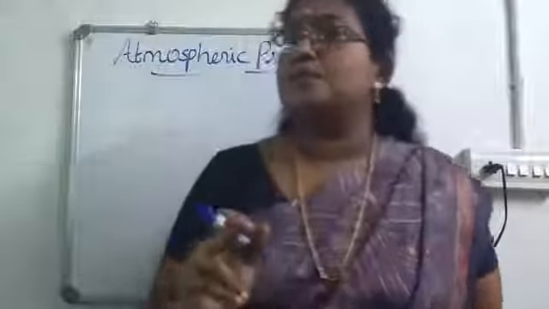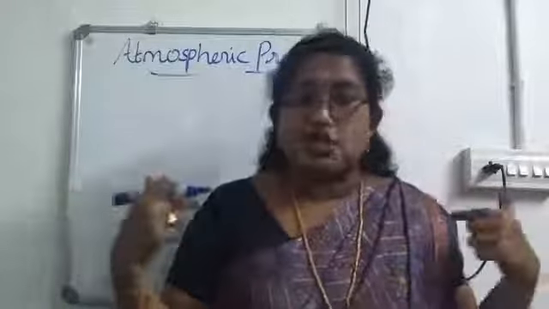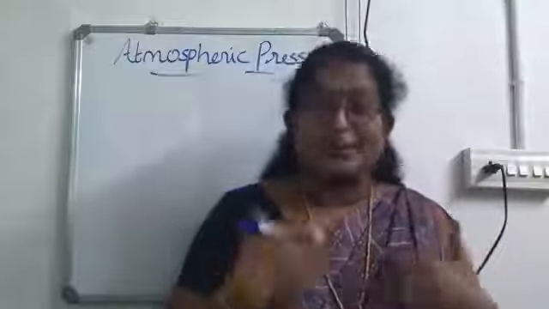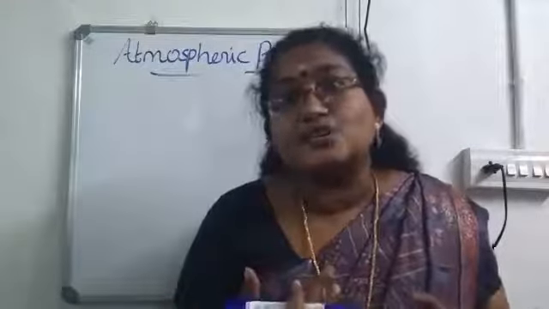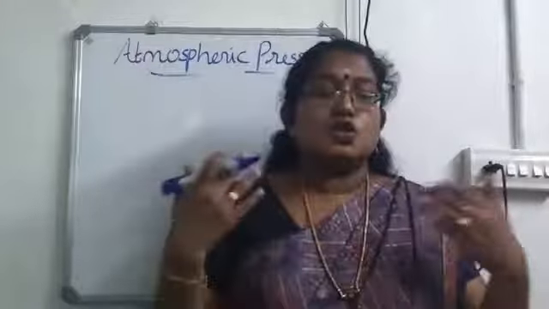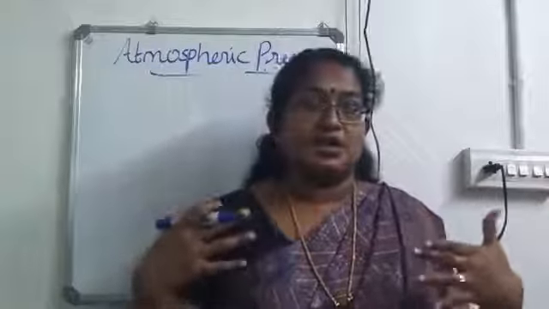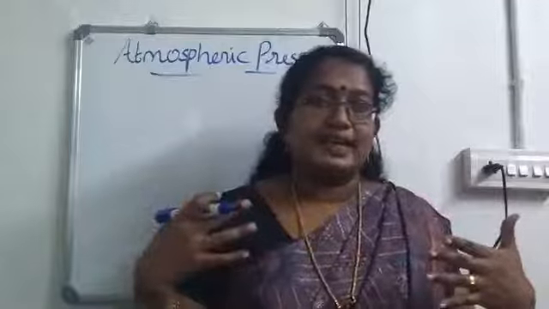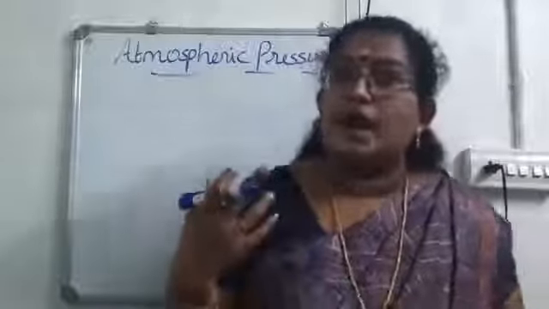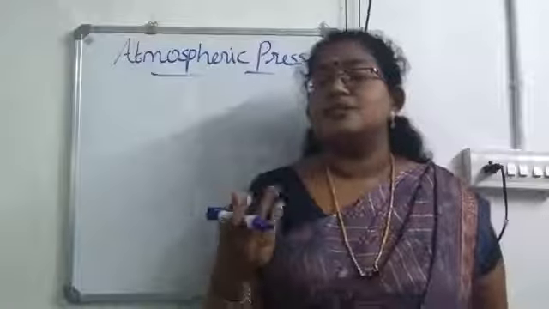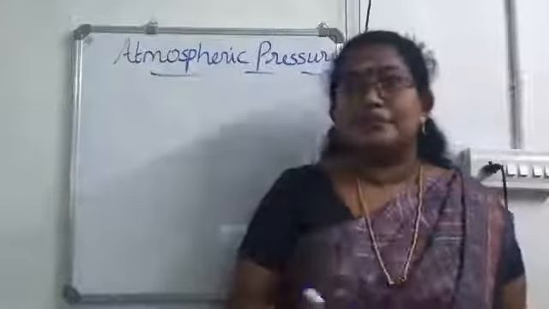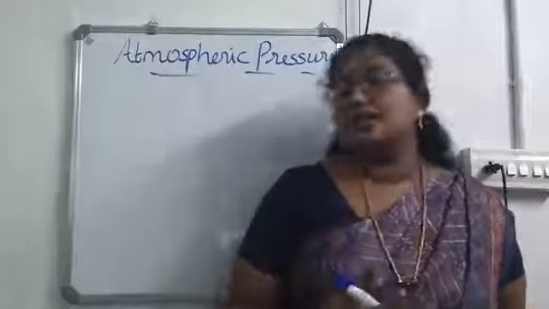There the atmospheric pressure is less. The pressure from outside is less, but the pressure exerted by blood and other fluids remains as such. So since the pressure exerted by blood and other fluids inside the body is more, what happens? Nose bleeding. The veins will break and nose bleeding occurs.